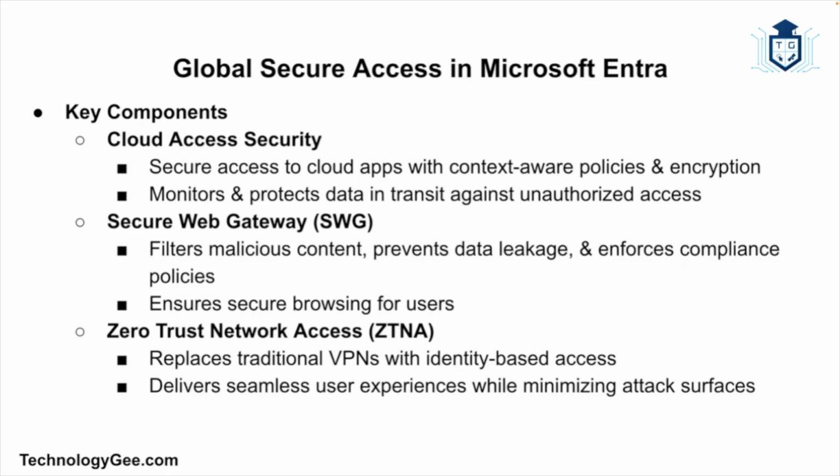Then it offers a secure web gateway. It ensures secure browsing by filtering malicious content, preventing data leakage, and enforcing compliance policies. And then it offers zero trust network access. It replaces traditional VPNs with secure identity-based access to applications and services, and it delivers a seamless user experience while minimizing attack surfaces.